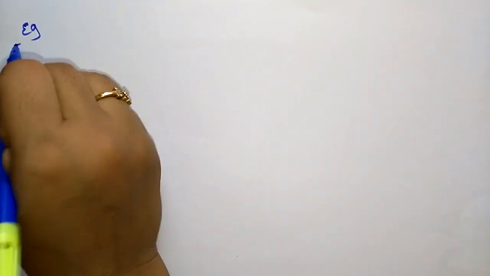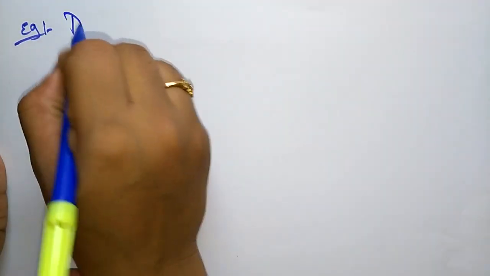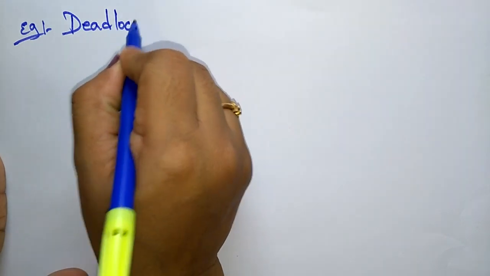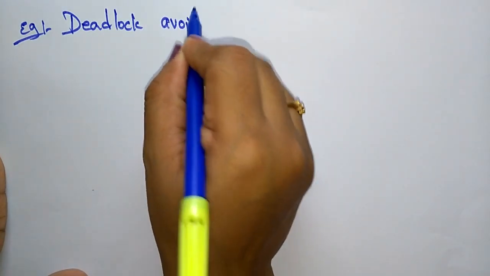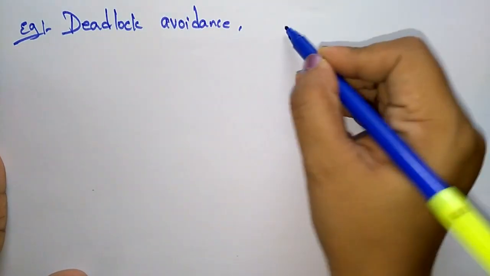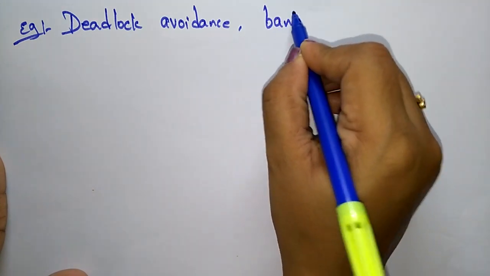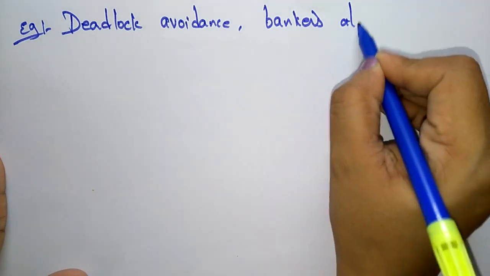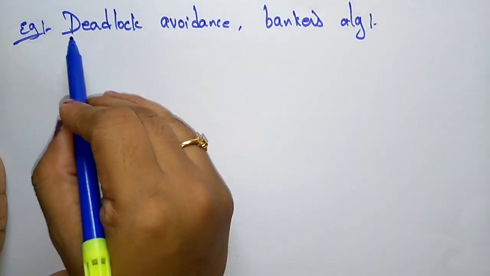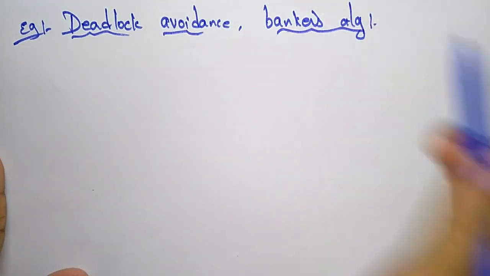The example for this deadlock avoidance is deadlock avoidance by using Banker's algorithm. Here I am taking one example to explain Banker's algorithm directly.